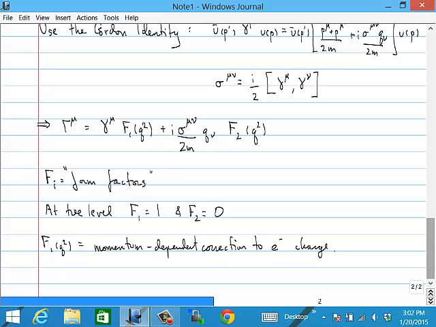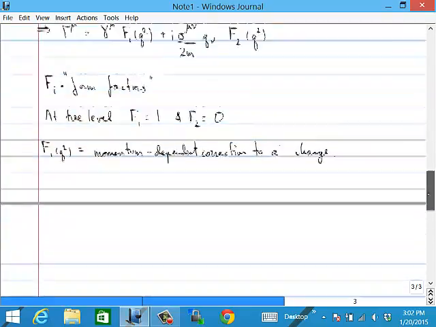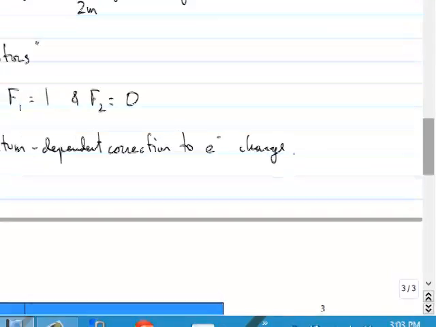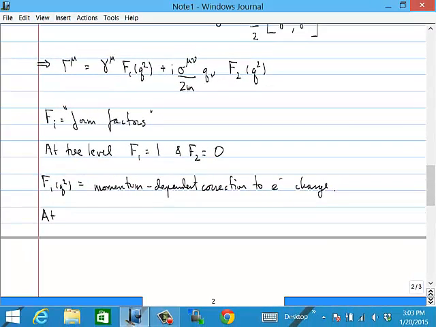What's more interesting is the question of what f2 looks like, because it has a fundamentally different structure from f1. So it describes some fundamentally new type of interaction that an electron can have in QED once you start considering loop corrections. In order to understand what f2 might mean physically, let's think about what happens if we wish to study the theory at very low energies. So let's imagine that q squared is very close to 0.